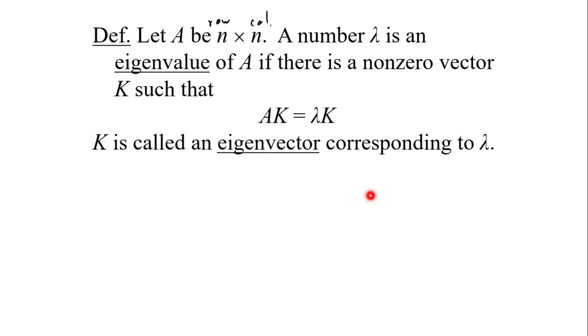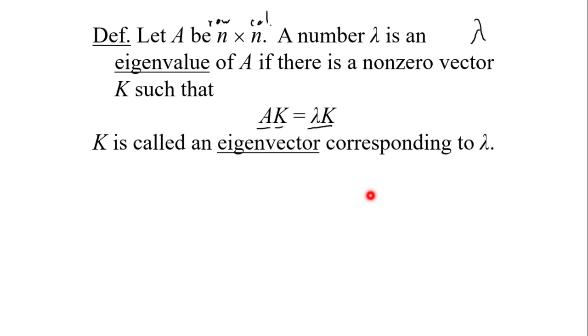So a number lambda, by the way, that is the Greek letter lambda, I would write it like this. It's the same Greek letter as used for half-life in physics and so on. A number lambda is an eigenvalue of A if there is some non-zero vector k such that A times k is equal to lambda times k. In other words, if I take a matrix and multiply it by this vector k, the result is no different than just some constant multiple of k.